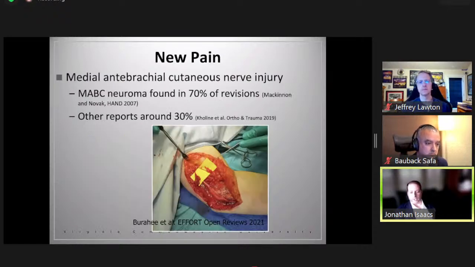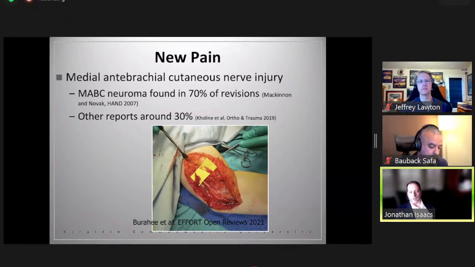The patient that presents shortly after surgery and says, okay, my ring and little finger do feel a little bit better, but this thing hurts so much and my elbow's numb and my medial forearm is numb. You have to think about medial antebrachial cutaneous nerve injury. McKinnon and Novak reported that they found MABC neuromas in 70% of their revisions. Others aren't quite so high.